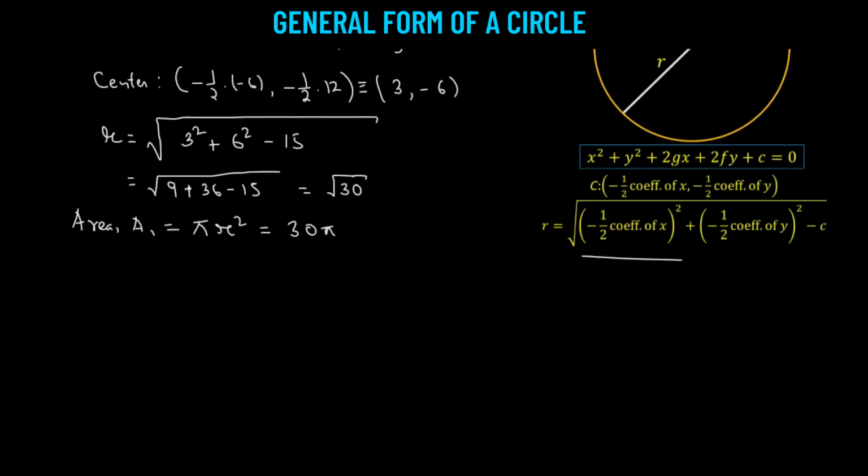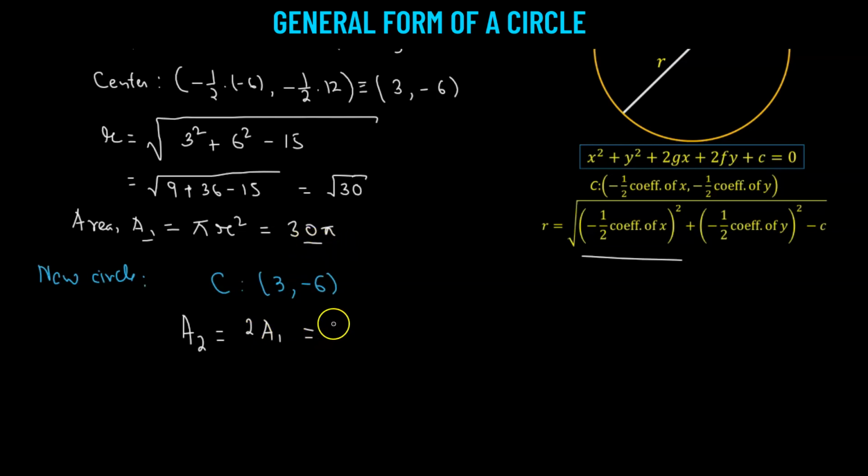So let's consider the new circle. Since it's concentric, the center is going to be the same, so it's going to be 3 comma negative 6. But this time the area is going to be twice as large as the previous one, so 2 times A1. We have already defined the value of A1, that's 30 pi.